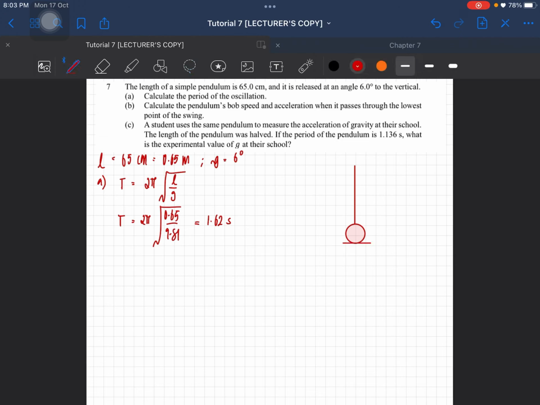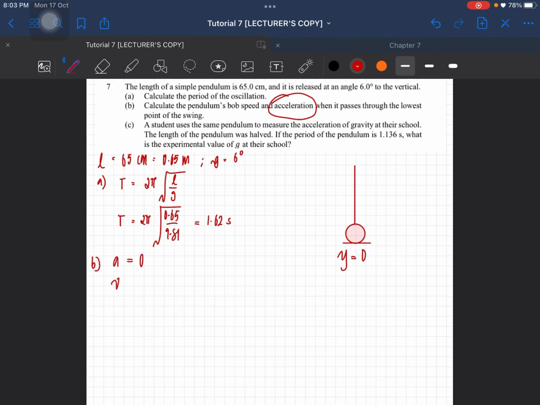At this point, the displacement is equal to 0. If you remember what is happening at y equal to 0, the equilibrium point, we know that the acceleration should be equal to 0. So we can write down a equal to 0.